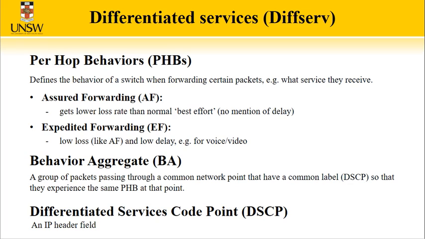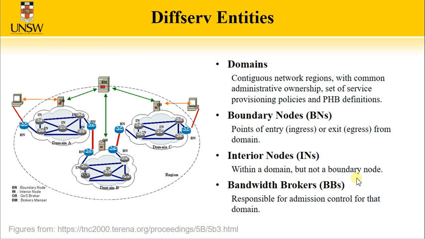Behavior aggregate means that if a group of packets have a common label, they will experience the same behaviors. In this network, a domain is a group of routers. Boundary nodes are points of entry or exit from the domain, and the interior nodes are other points in the domain.